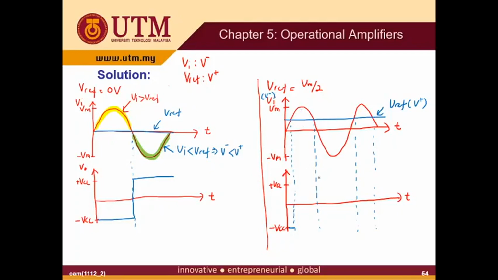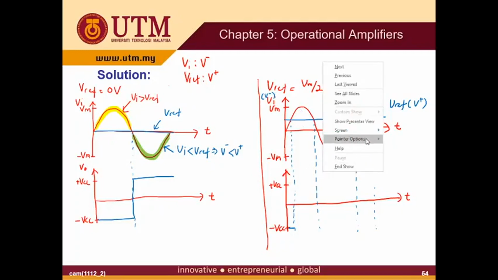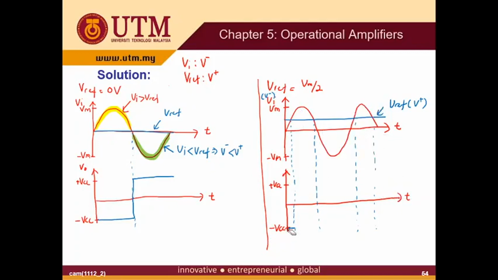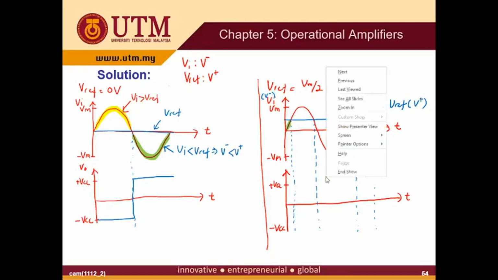Oh sorry, I made a mistake. Need to correct it. This is the region where your V in is lower than V reference, so that means the V reference is larger than your V in. V reference is V plus, so V plus is larger than V minus. So this is the mistake; you should get the plus VCC.